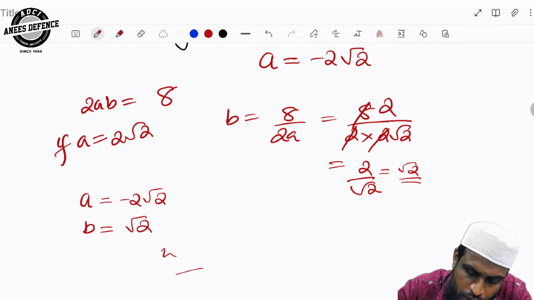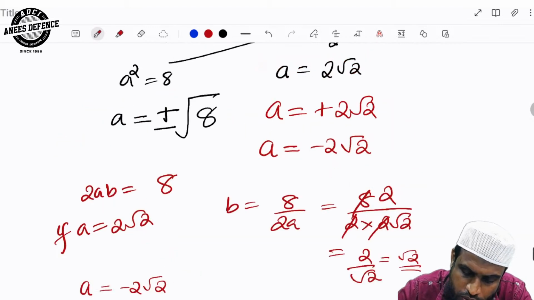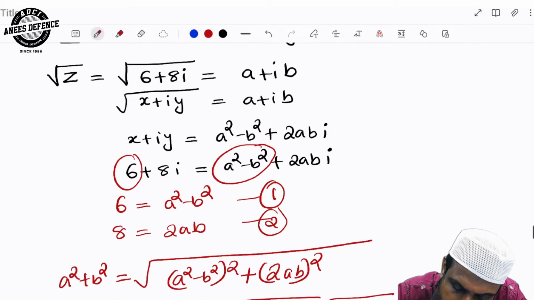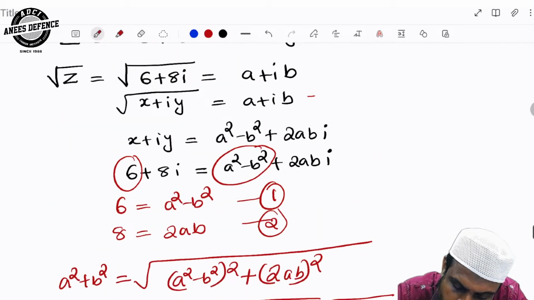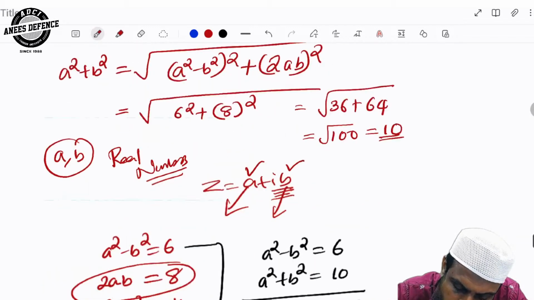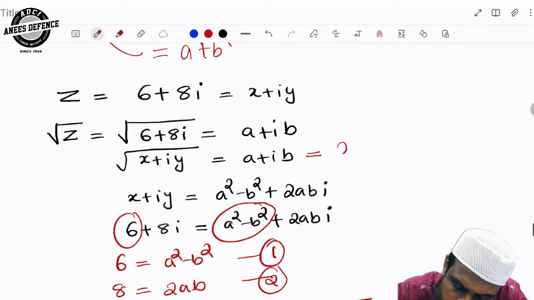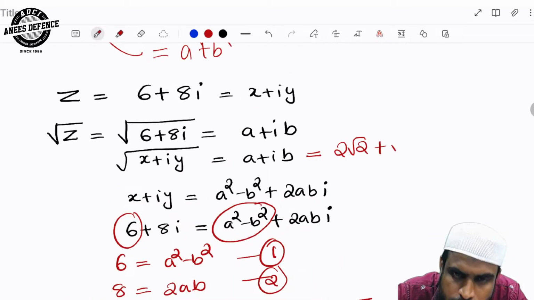So our complex number, the square root of complex number is z is equal to a plus ib. So this can be written as 2 root 2 plus root 2i.